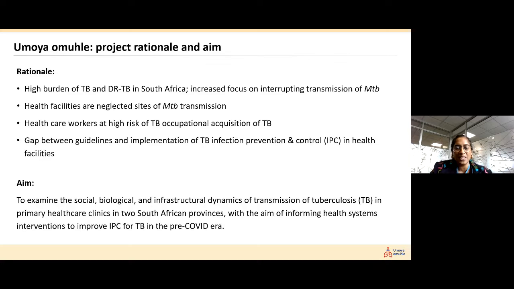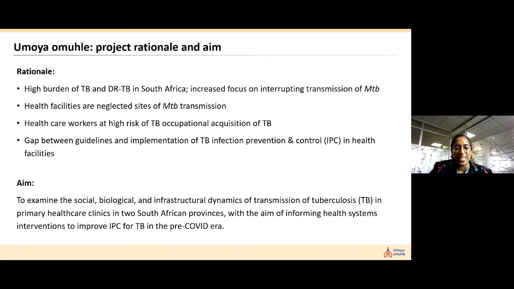There is, however, little evidence to show the impact of implementing TB IPC on reduction in nosocomial transmission. Our aim was to examine the social, biological, and infrastructural dynamics of TB transmission in 2 South African provinces, with the aim of informing health systems interventions to improve IPC for TB.